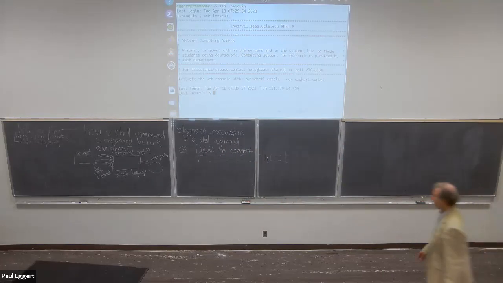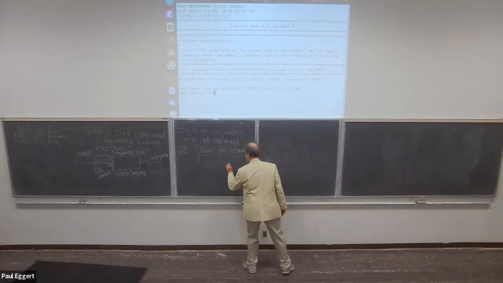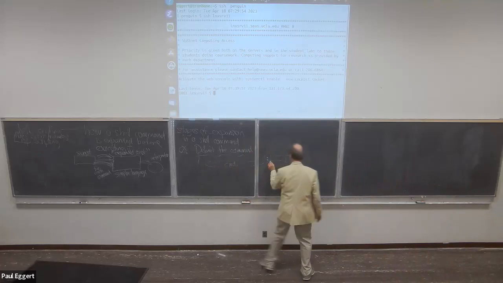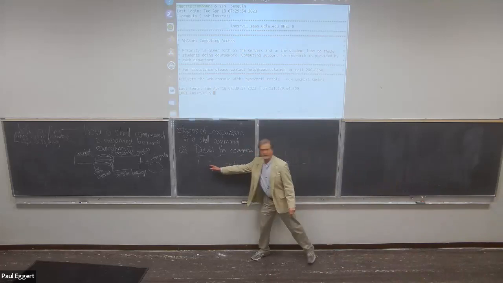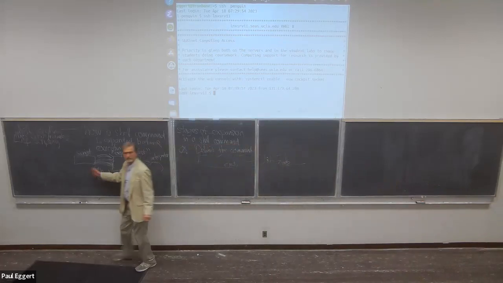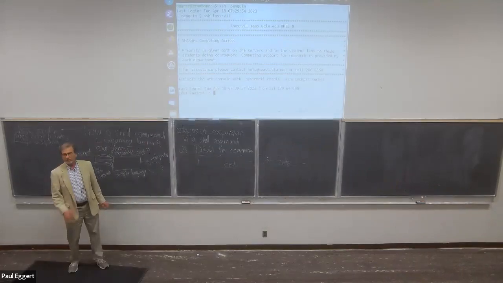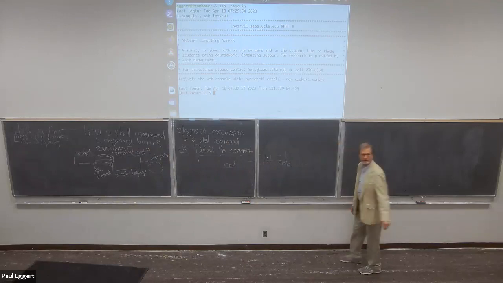Here's command 1, here's command 2. So first, we're going to execute this command, and we're going to run it through all of these transformations, figure out what it does, go execute it. Once we're done, we'll then start worrying about this guy and expanding this guy.